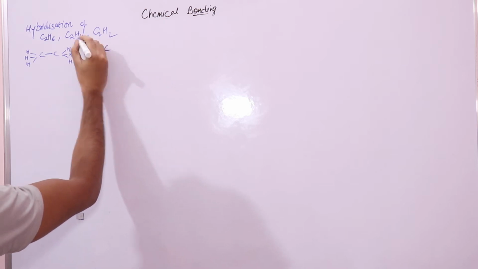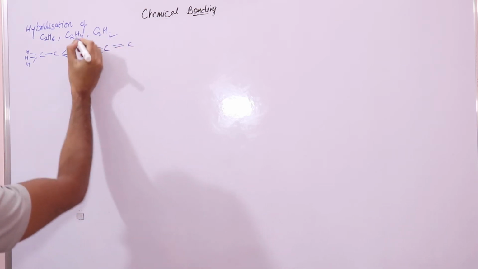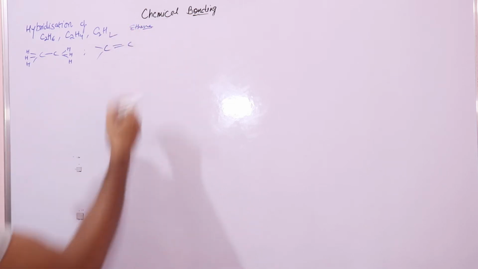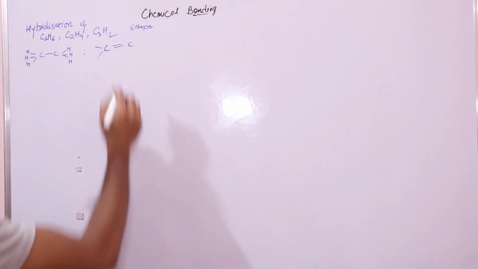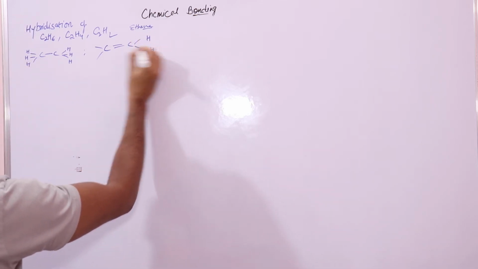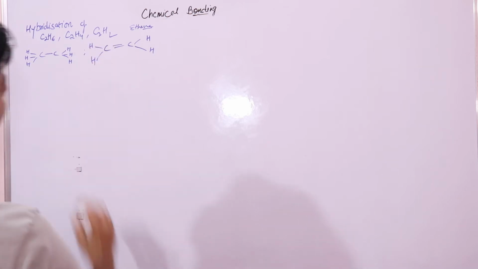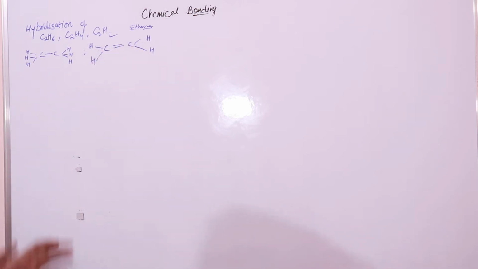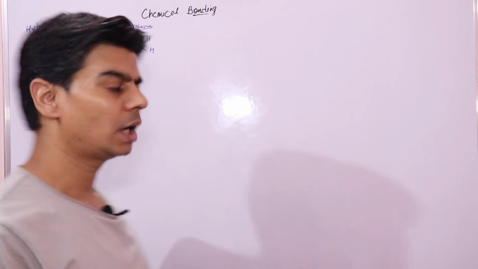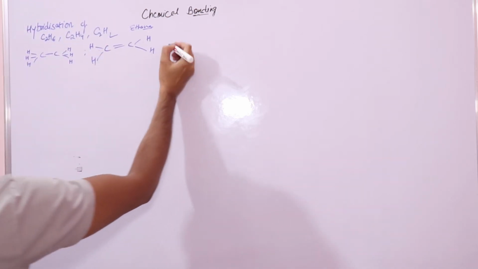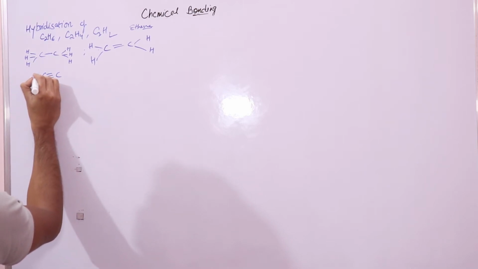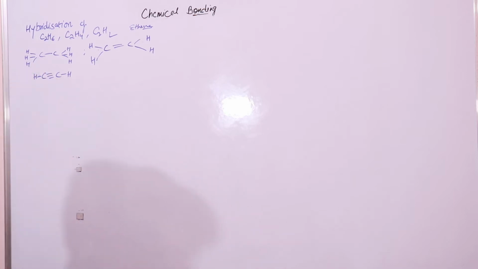Similarly, if you look at ethene, as the word says, ene means this is an alkene, that has a double bond, and each carbon atom is further bonded to two hydrogen atoms, right? Now in case of acetylene, it has a triple bond, and each carbon atom is bonded to one hydrogen atom, right?